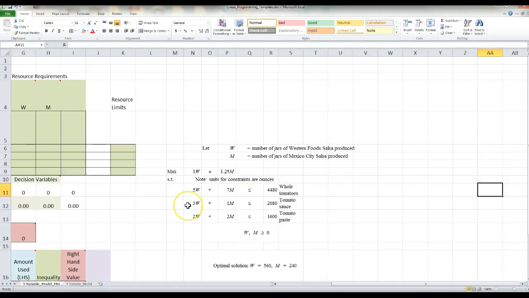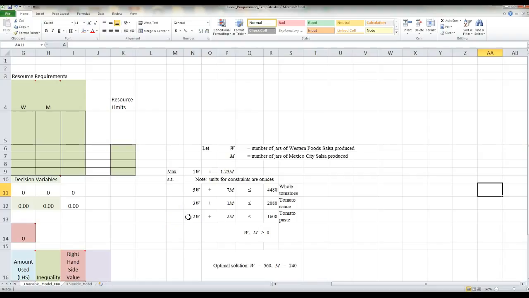Likewise, the tomato sauce constraint is 3 ounces per jar times the number of jars of the Western Food Salsa plus 1 ounce per jar times the number of jars of Mexico City Salsa. That has to be less than or equal to 2,080 ounces of tomato sauce, which is all we have.